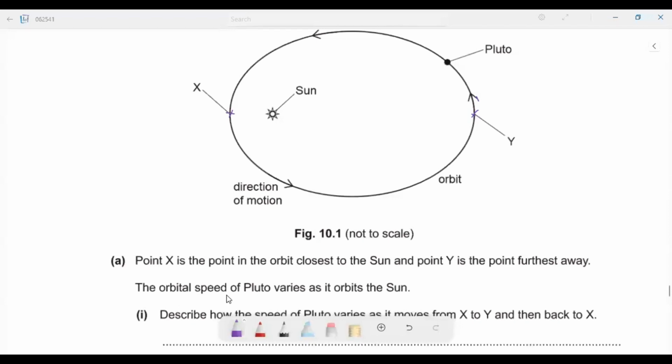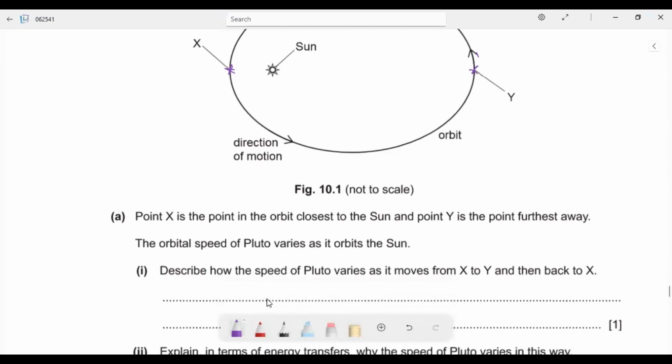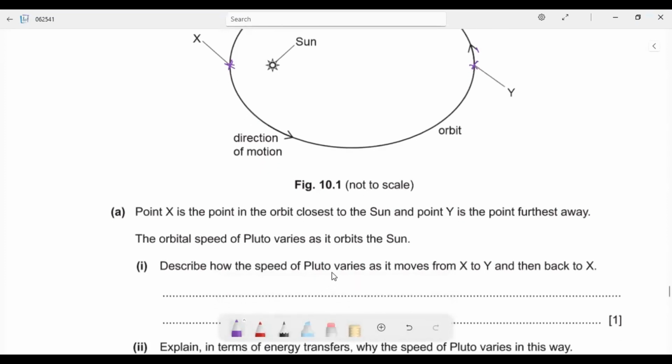Here the orbital speed of Pluto varies as it orbits the Sun. So we have marked point X and Y. Describe how the speed of Pluto varies as it moves from X to Y and then back to X.